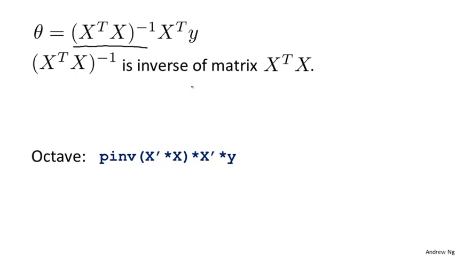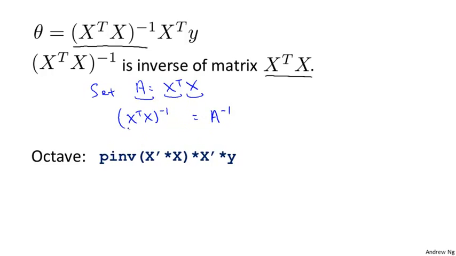Well, it is the inverse of the matrix X transpose X. Concretely, if you were to set A equal to X transpose times X, so X transpose is a matrix, and X transpose times X gives you another matrix that we'll call A, then (X transpose X) inverse is just taking this matrix A and inverting it. It's equal to A inverse, and so that's how you compute this thing: you compute X transpose X, and then you compute its inverse.